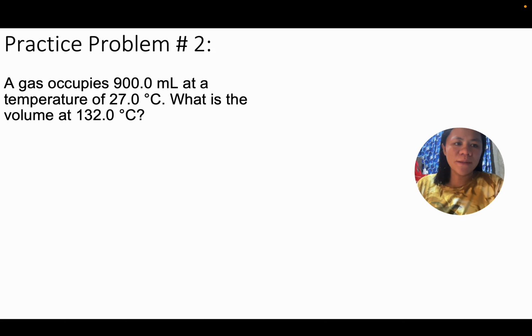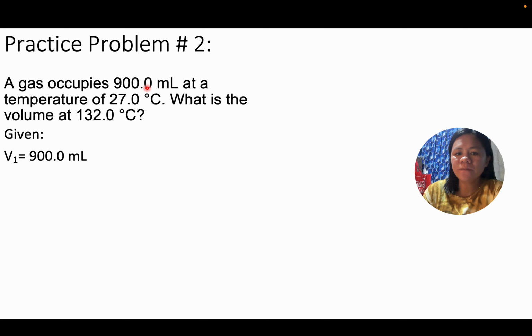So for our sample problem number 4: a gas occupies 900 ml at a temperature of 27 degrees Celsius. What is the volume at 132 degrees Celsius? First, let's identify what's given. V1 is obviously 900 ml, found in the first part of the question. T1 is 27 degrees Celsius, so we add 273 and get 300 Kelvin.